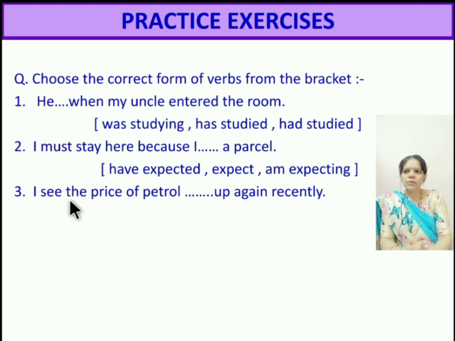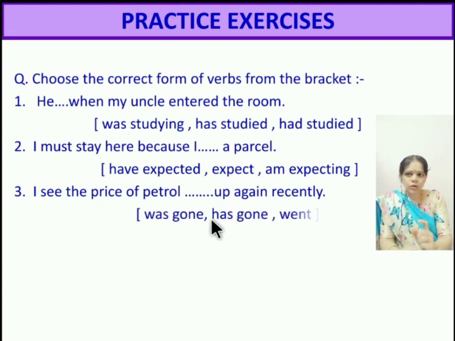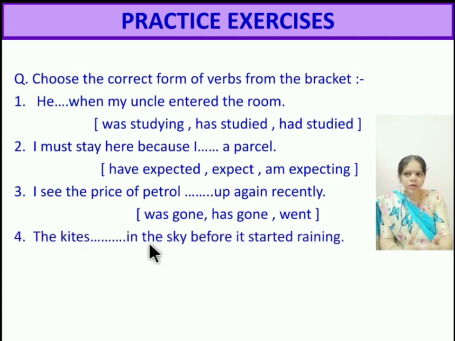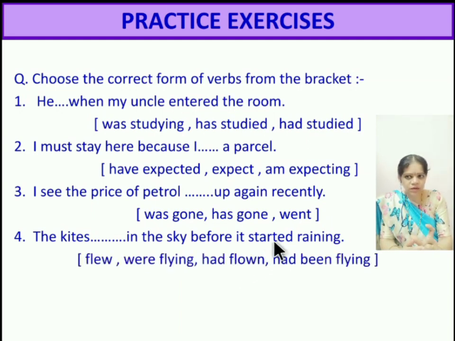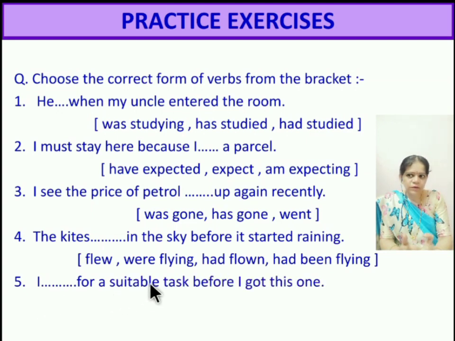Then, I see the price of petrol. Go. Go is the base verb. Check what should be the answer. The kite, plural, in the sky before it started raining, past tense. The main word of action over here is fly. The kites, check. Then the main word of action here for the fifth sentence is look, L-O-O-K.